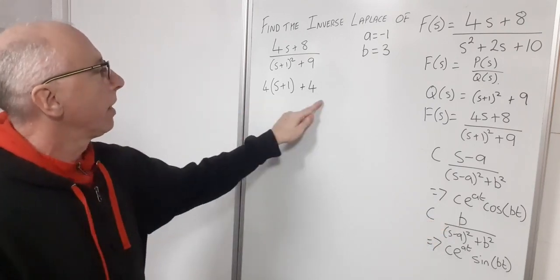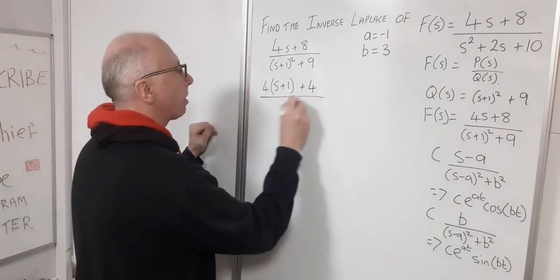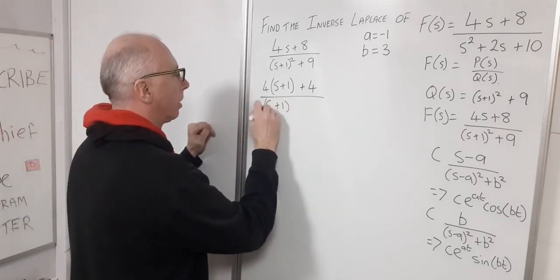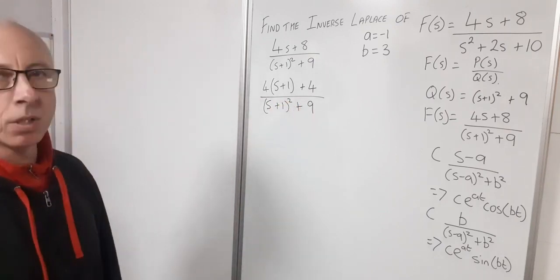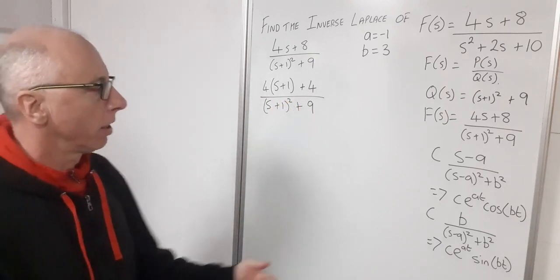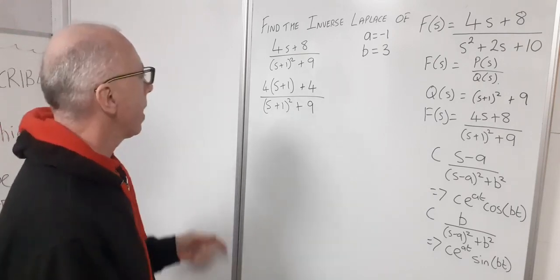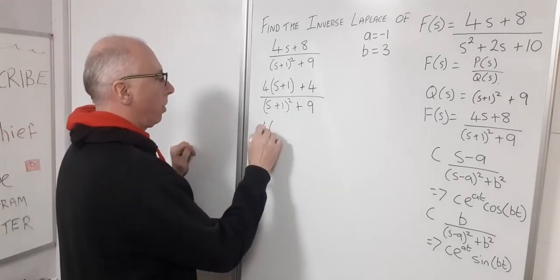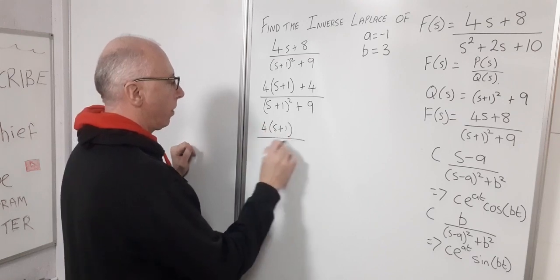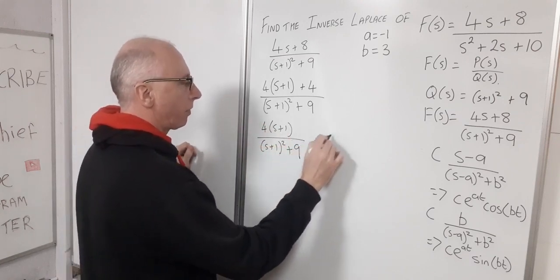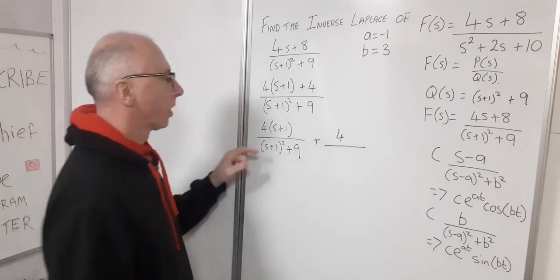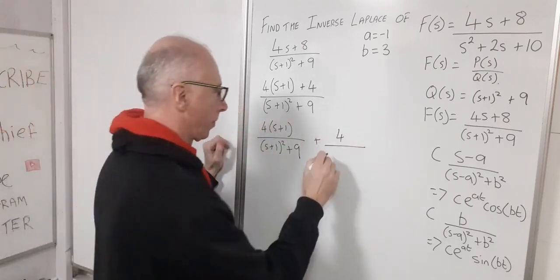Okay, let's have a look at what we can do here now. So we've got s plus 1 squared plus 9. What we can do now is break this fraction apart. So now we've got 4 times s plus 1 over s plus 1 squared plus 9, and then we can add 4 over s plus 1 squared plus 9.